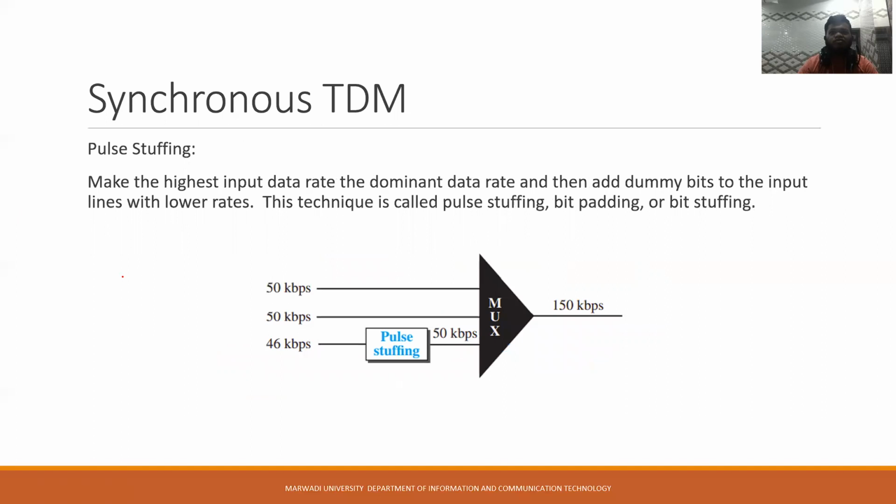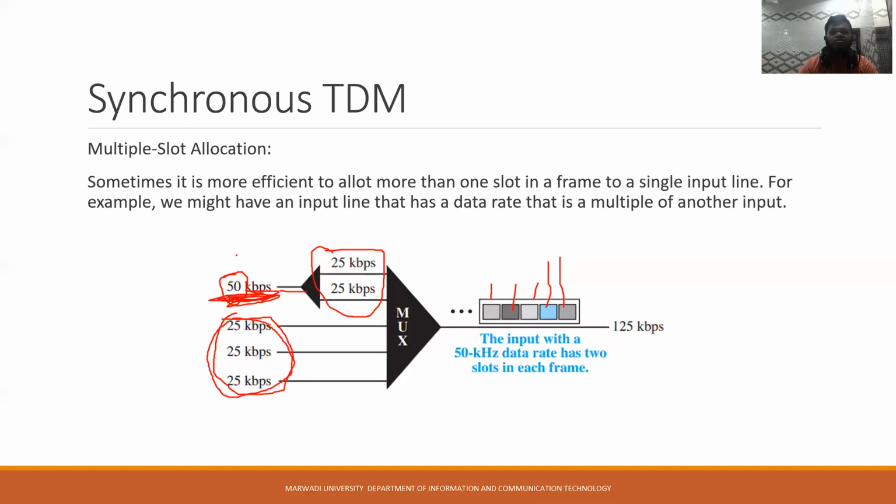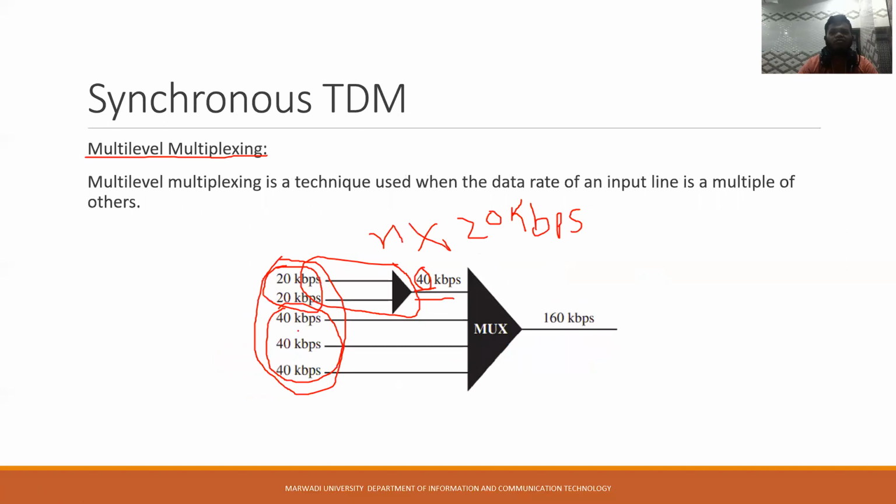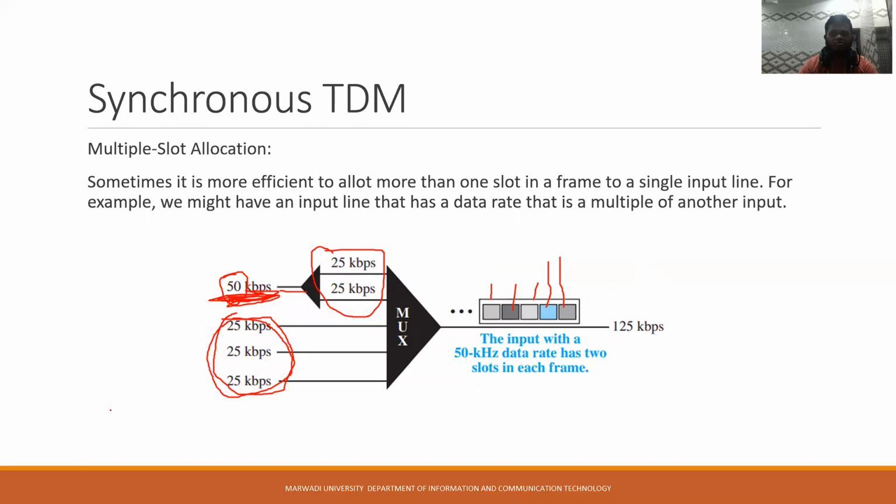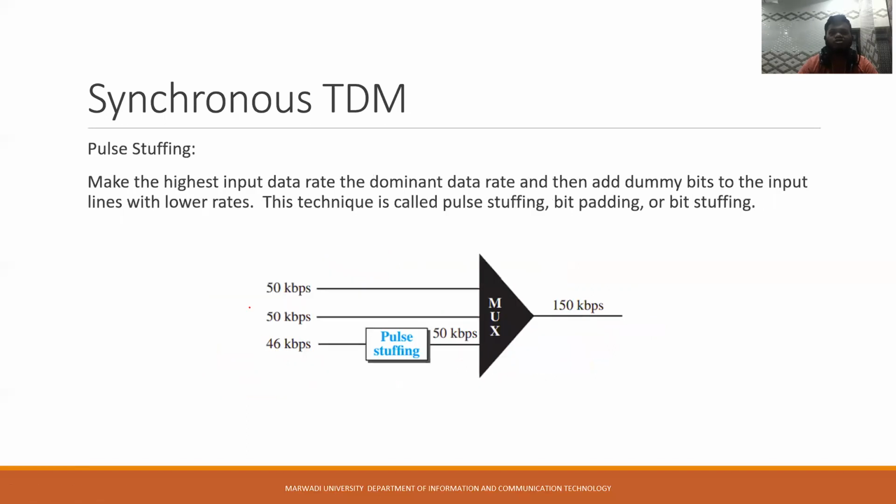Then we have pulse stuffing. Here, these were multiples of each other. So here 20 and 40, we can multiply this by 2. Here we can divide it by 2. But here that is not possible. We are having 50 kbps, then we are having 46 kbps. So what we can do in this case is make one input data rate dominant, the highest one. So here 50 can be the dominant data rate, and we have to make this 46 up to 50 kbps. So how can we do this?